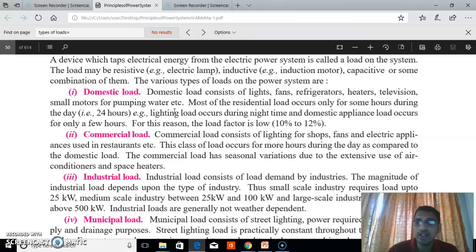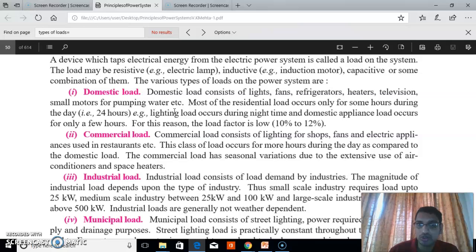And one more thing, the lighting load in a domestic building turns on during the night time. That is the characteristic of domestic load. And the load factor of domestic load is very low, about 10 to 12%.